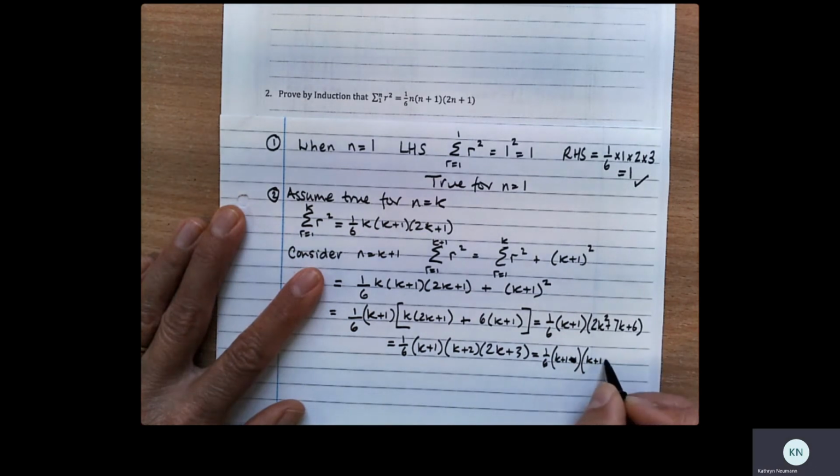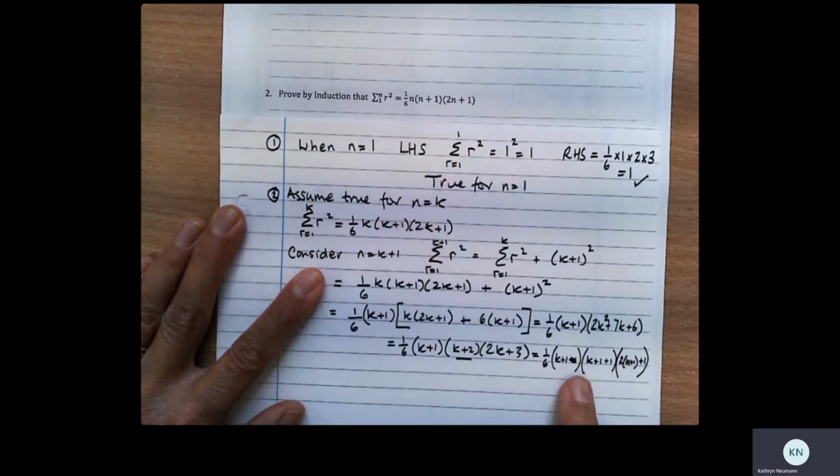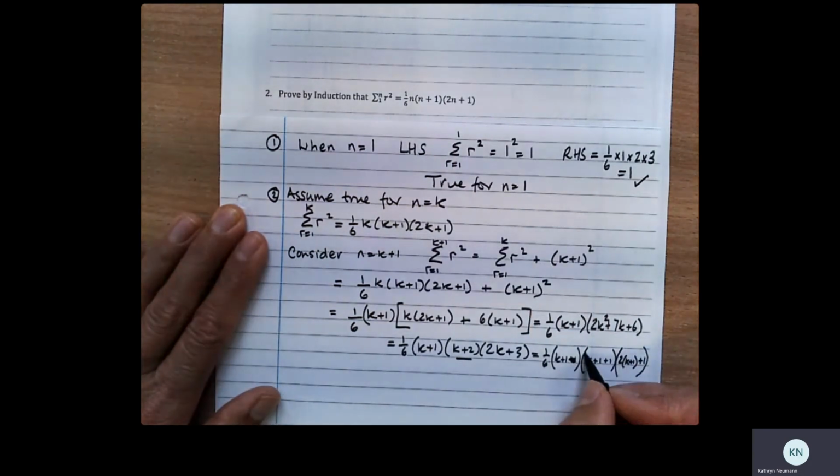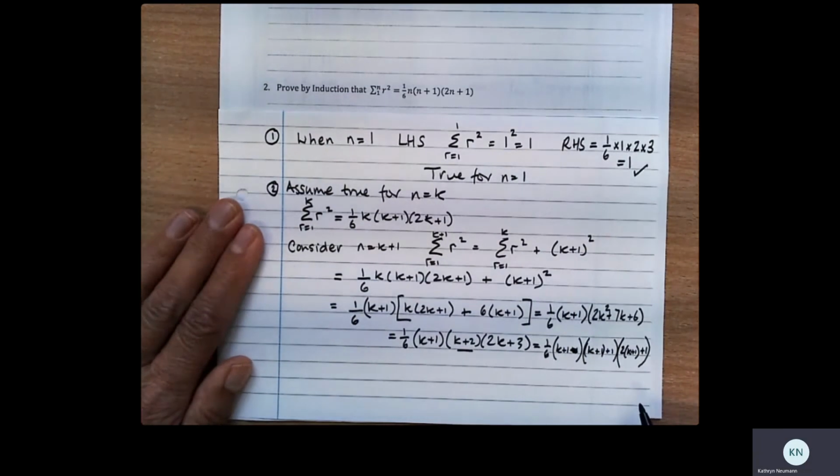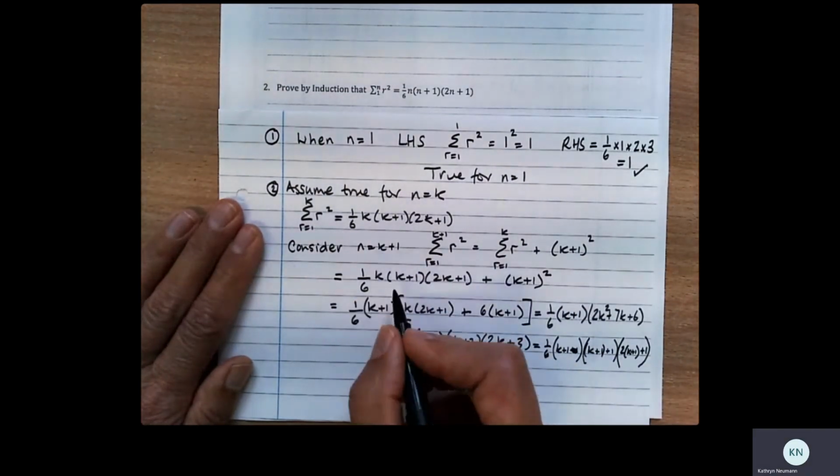Then we've got k plus 1 plus 1. That's that one. And then we've got 2 times k plus 1 plus an extra 1. So we've got this expression here with k plus 1 in. So make it clear that that's what you've got to. So that's considering n equals k plus 1.